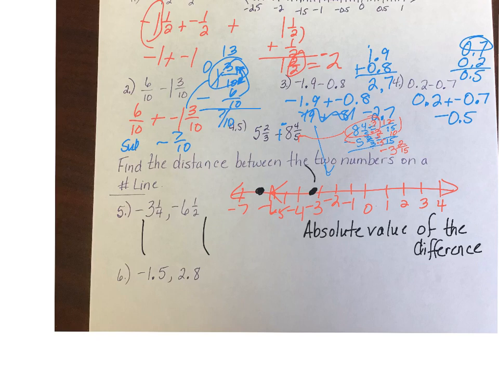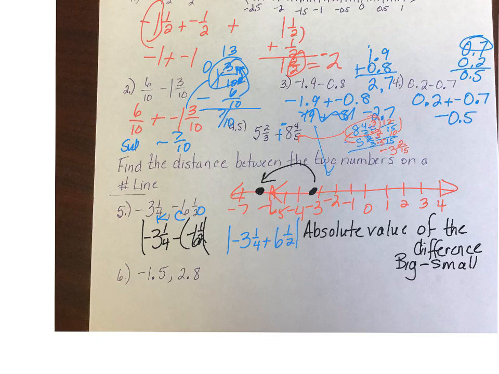I'm going to go with the big minus the small, because if you do that, your sign should be positive. So -3 and 1/4 minus -6 1/2. Well, let's keep, change, opposite. So it's really going to be the absolute value of -3 and 1/4 plus +6 1/2.